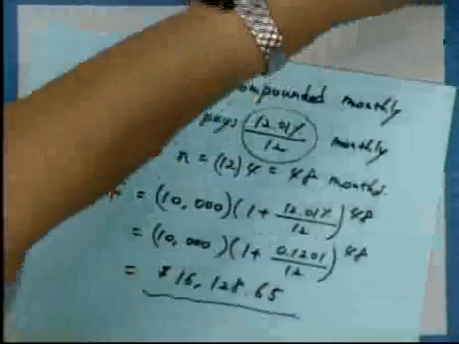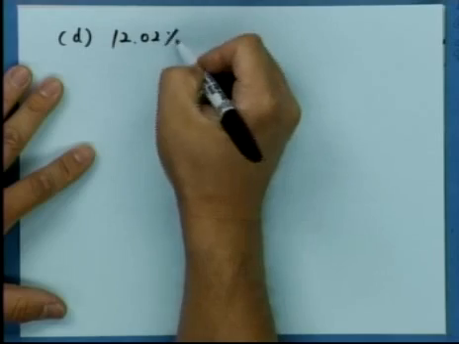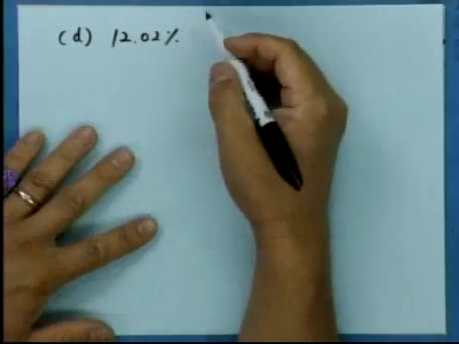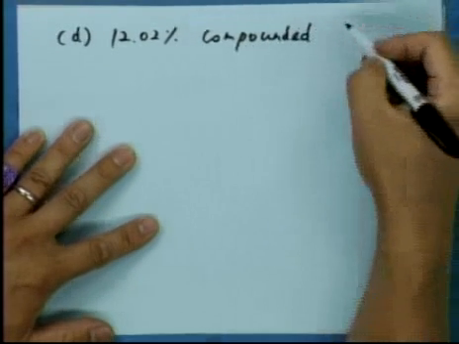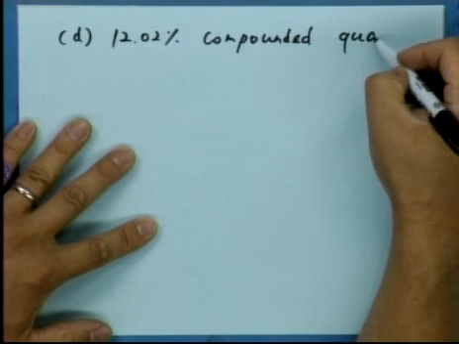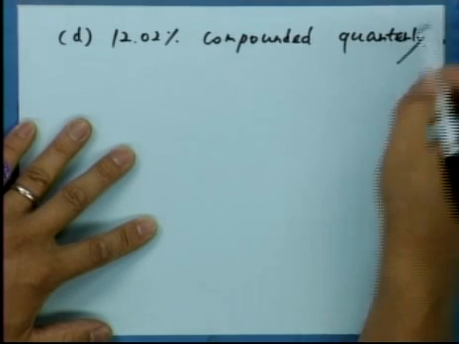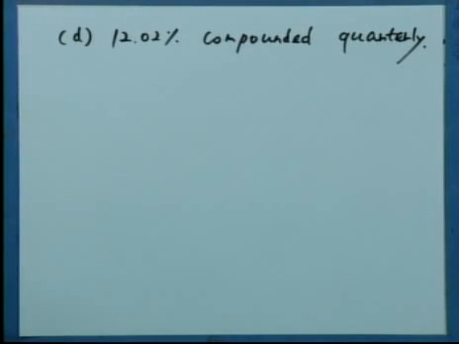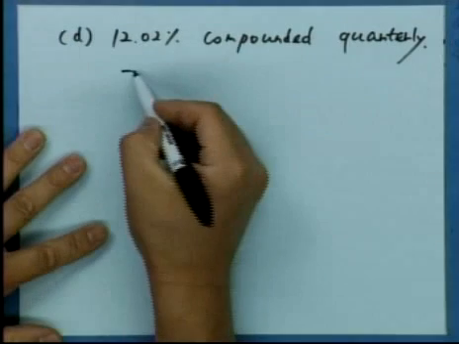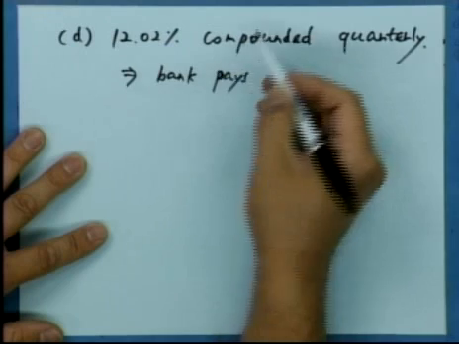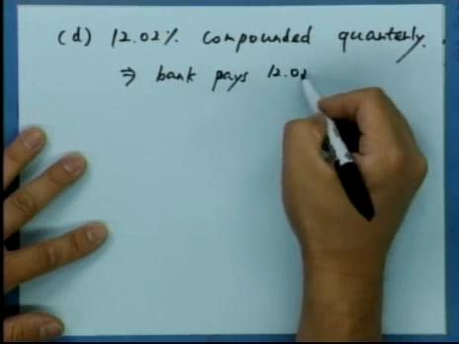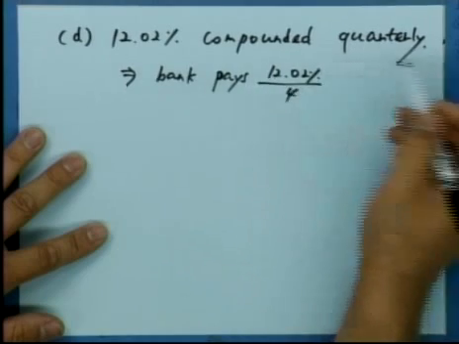Okay, then what about alternative D? That is about 12.02% compounded quarterly. So again, in this case, bank pays how much? 12.02% divided by 4.